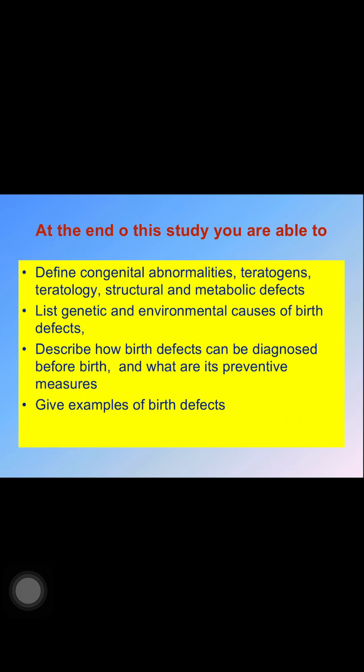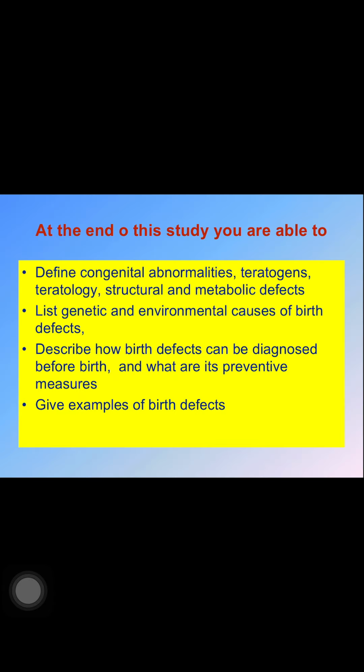With this, we reach the end of our lecture, and I hope if you study this properly, you are able to define congenital abnormalities, what are teratogens, what is teratology, what are the structural and metabolic defects.